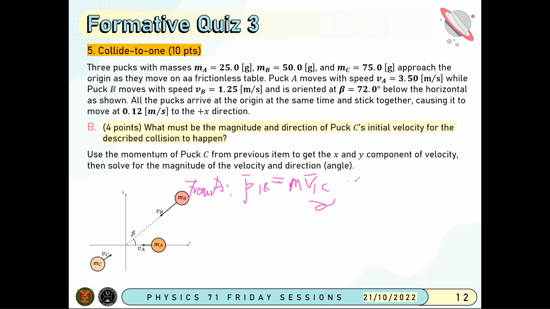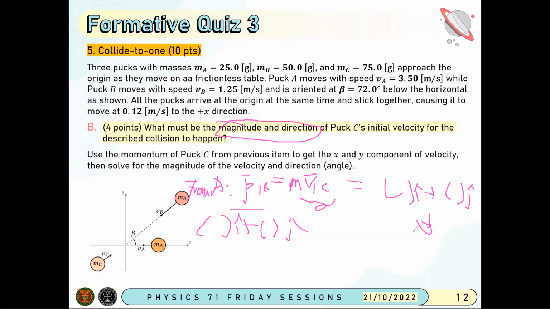Okay, so makuha mo yung vector form niya, yung component form, kasi yung P mo naka-component form. So meron kang something i hat, something j hat. Okay. So ganun din dito. Pagdating dito, makuha mo rin is something i hat plus something j hat. Since magnitude and direction yung tinatanong, so you need to convert it into magnitude-bearing form. Okay, so paano ulit kinukuha yung magnitude?